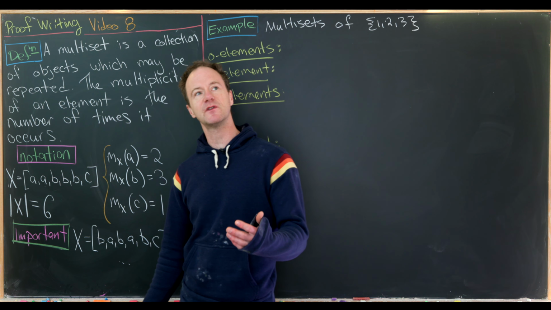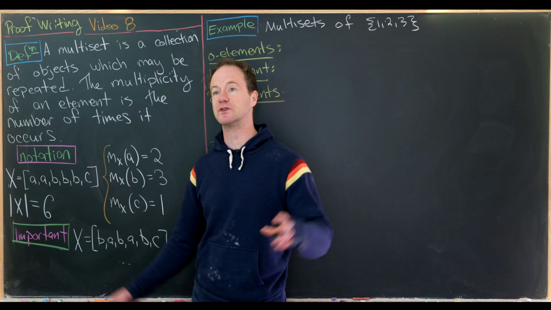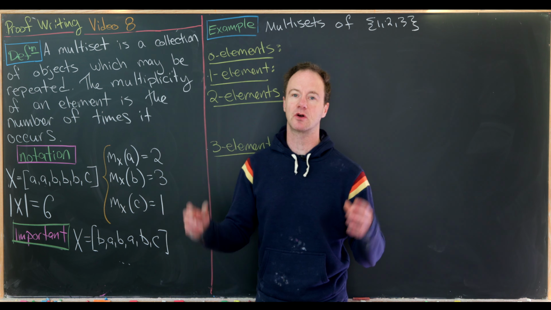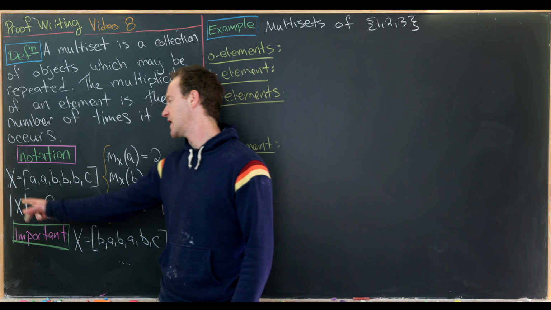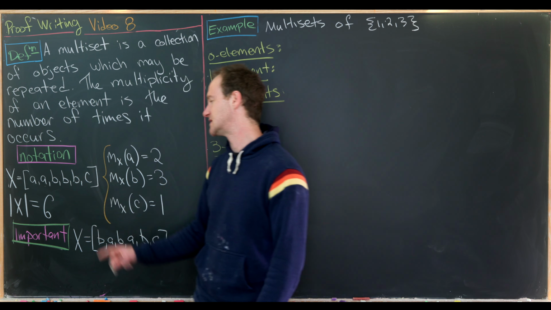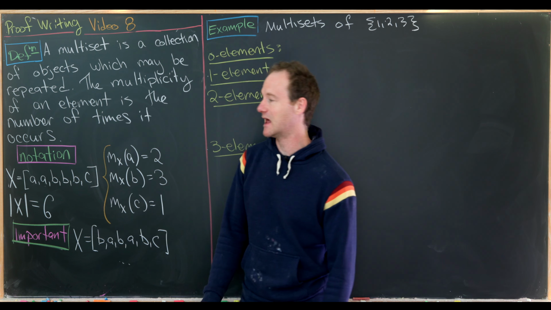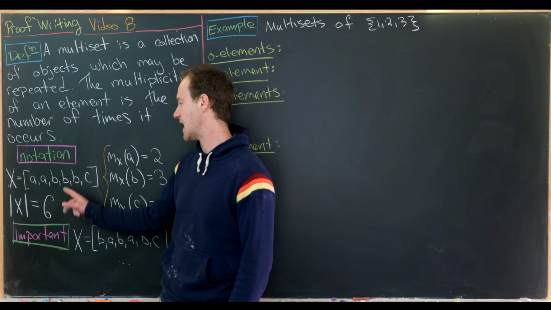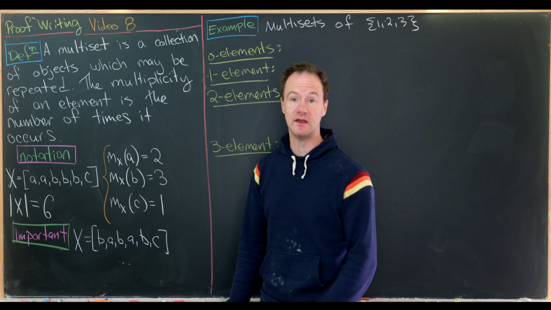So that's different than what we used for lists, which was round brackets or parentheses, or for sets, which was curly braces. So here X is the multiset A, A, B, B, B, C. So there are 6 elements in this multiset. It just happens that 2 of them are equal to A and 3 of them are equal to B.